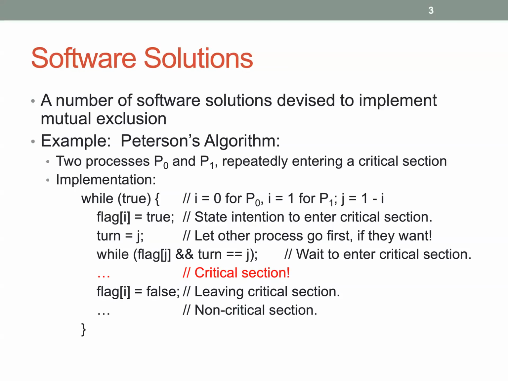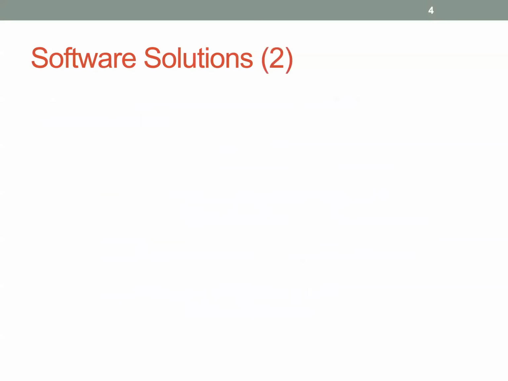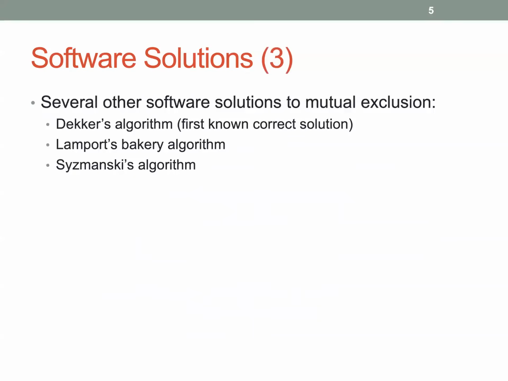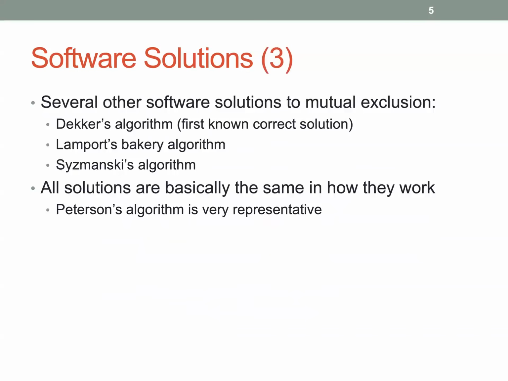Now, this is just to show you, this is sort of a historical interest. It's not something that's particularly relevant, so I'm not going to spend very much time talking about it. There are a number of ways that have been devised, and they basically all have the same characteristic. The example that I showed you was contrived for a number of reasons.